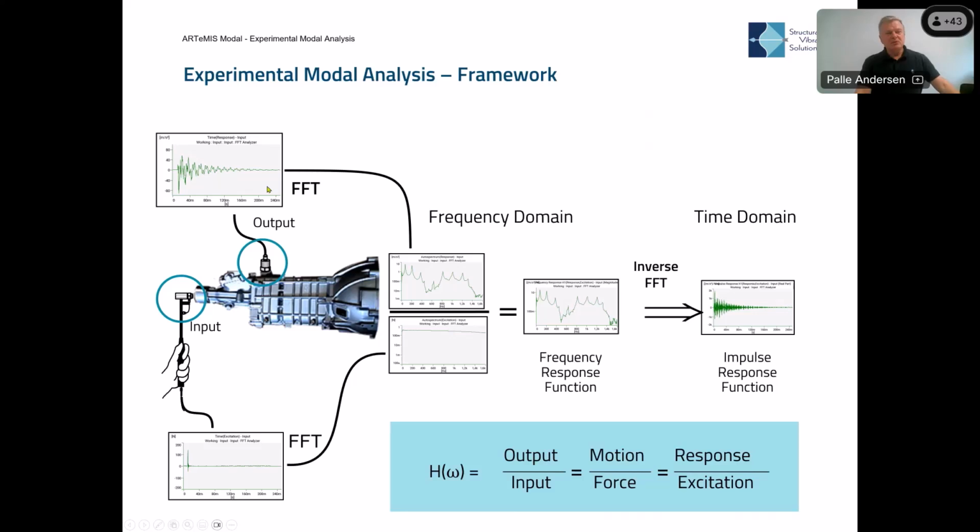What we then will do with these two sets of data is transform them to the frequency domain. Here we obtain a spectrum of the response. It looks like this, where we have all the peaks, where we have the resonance frequencies of the structure. And then we also have a spectrum of the force. When we have something that is very sharp in time domain, it becomes very flat in frequency domain.